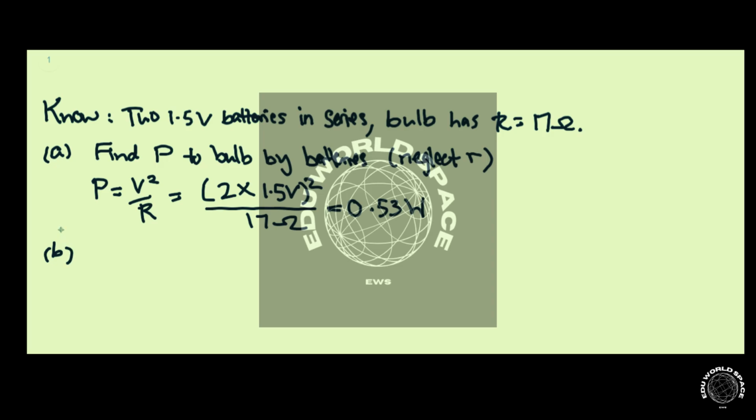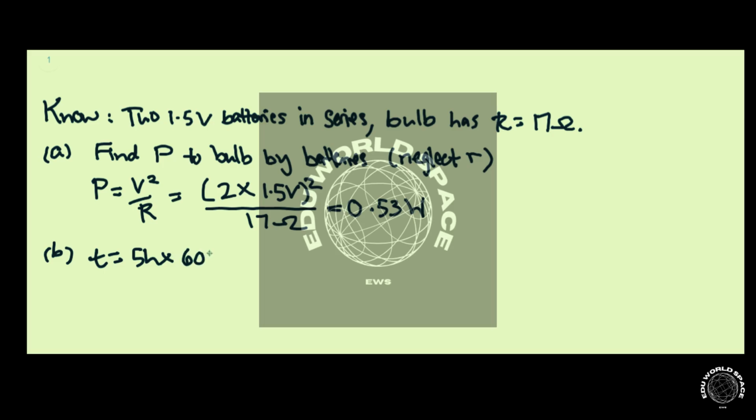And in part B of the problem, we're asked that if the battery lasts for 5 hours, so we have t equal to 5 hours, what is the total energy delivered to the bulb? Okay, so I'm gonna convert this immediately to seconds.